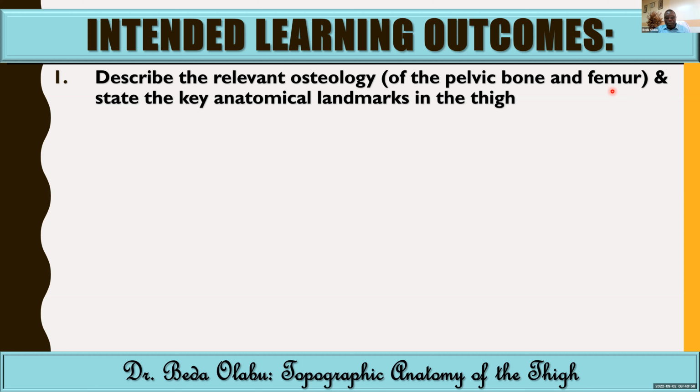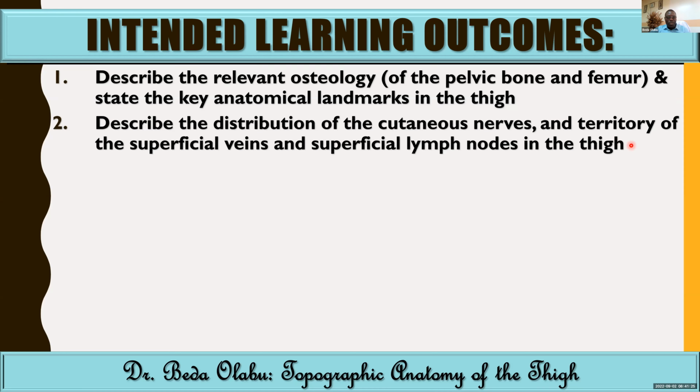But there are some parts of the pelvic bone that are also relevant in the understanding of the topographic anatomy of the thigh. So we'll also look at that relevant topographic anatomy of the pelvic bone, even as we study osteology of the thigh. And then there'll be some important landmarks that we'll also be highlighting as we do that.